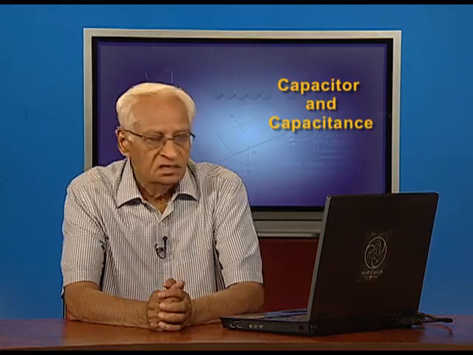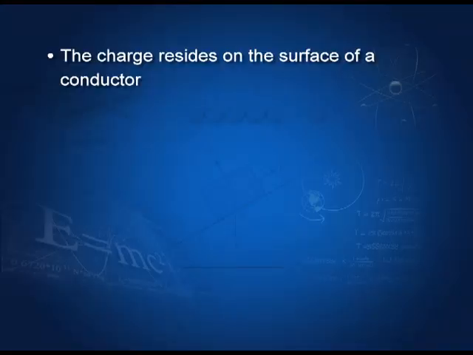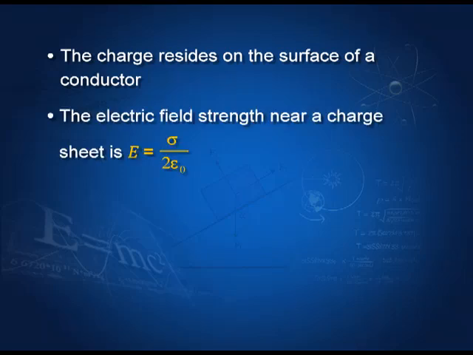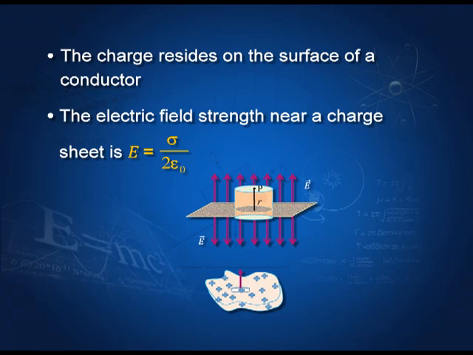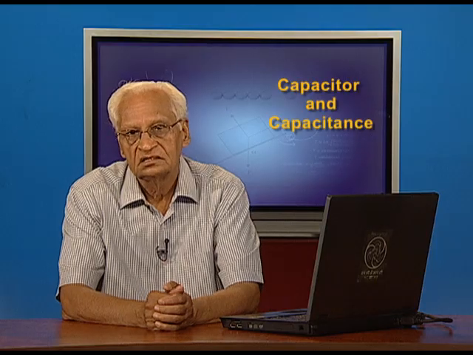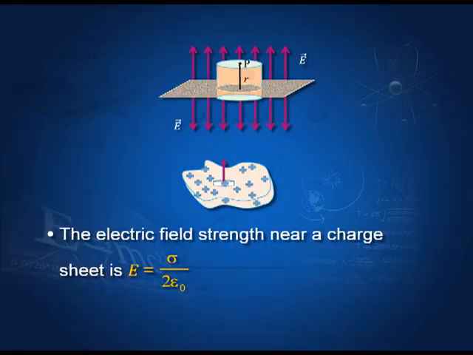In this connection, we have already learnt that the charge resides on the surface of a conductor. The electric field strength near an infinite, large charge sheet is sigma by 2 epsilon 0, where sigma is the charge density on the sheet, charge per unit area.